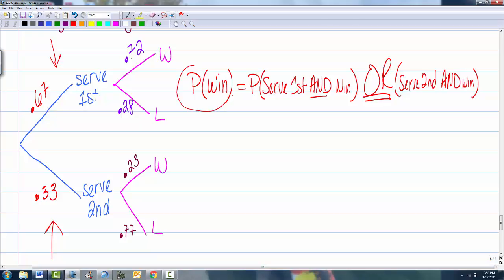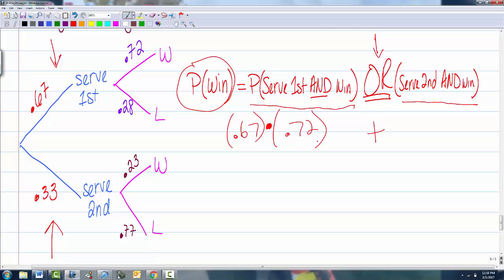So what's your probability of winning? Probability of serving first and winning, or probability of serving second and winning? That means you add these two probabilities. So you could serve first and win, or you could serve second and win.